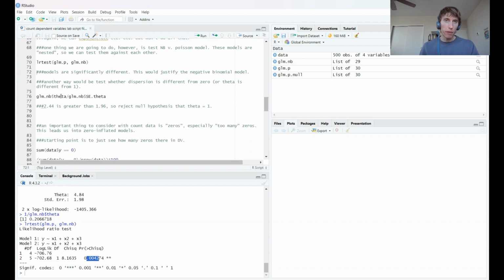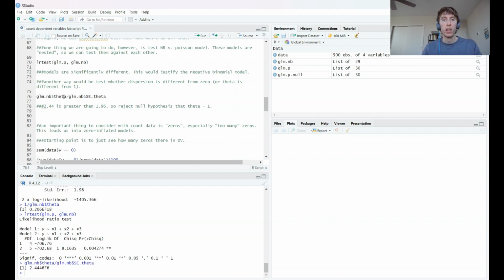In some other software, and depending on your approach, an alternative to testing the nested models, Poisson versus negative binomial, is that you just estimate the negative binomial, and then you can do a test specifically. So in this case, again, we're using theta, and we can test the null hypothesis that theta is equal to 1.